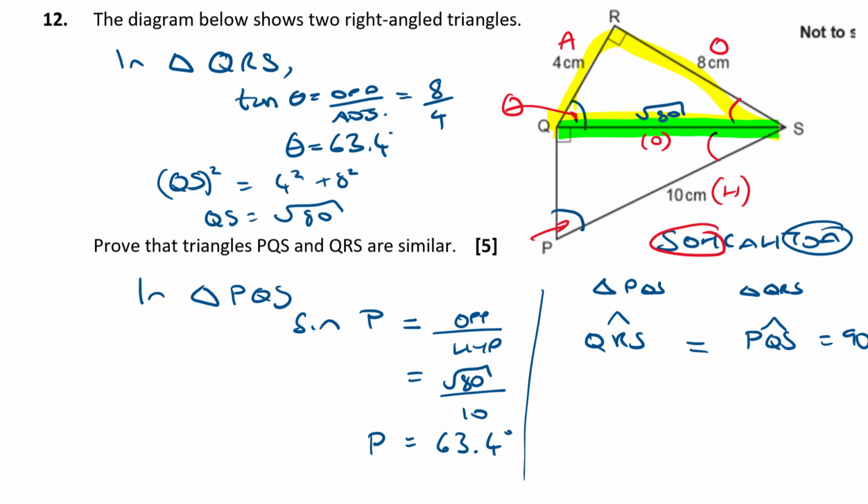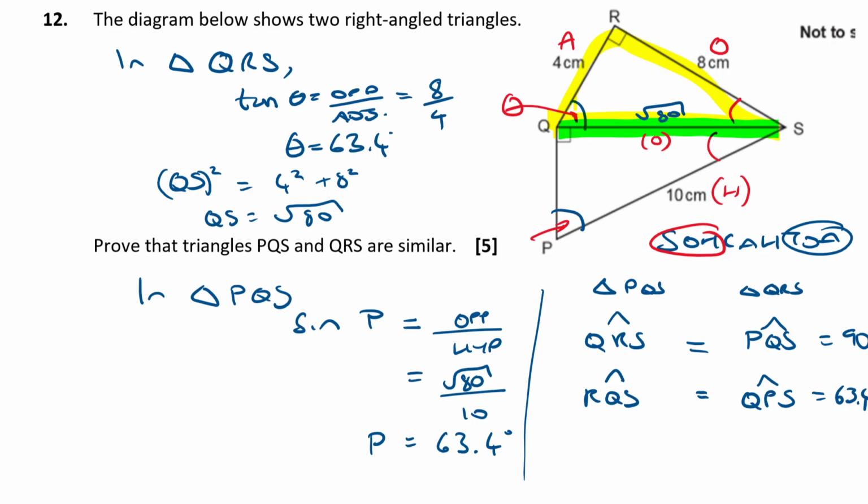And then I've got the ones we found, so that's the angle at Q, isn't it? That would be angle RQS, and that is going to be the same thing as angle QPS, and we found that to be 63.4.